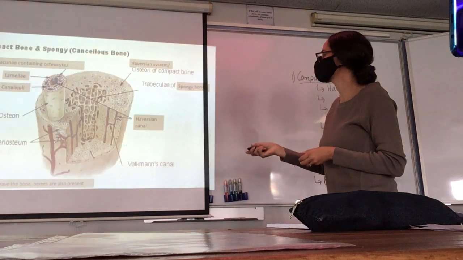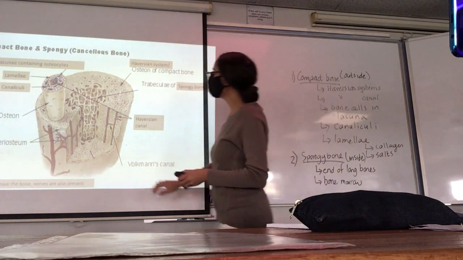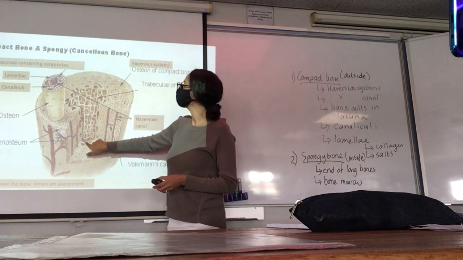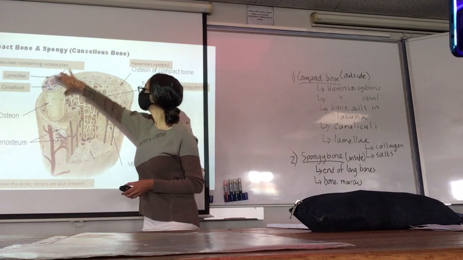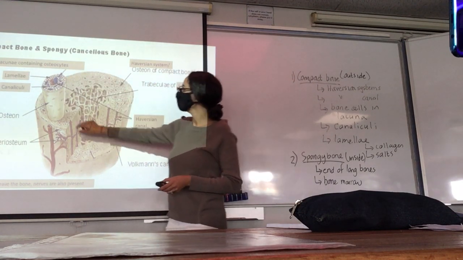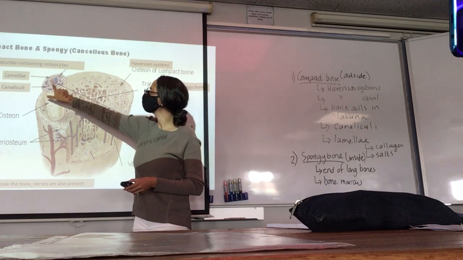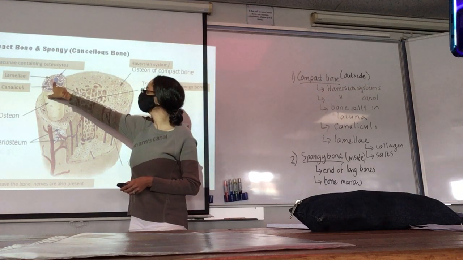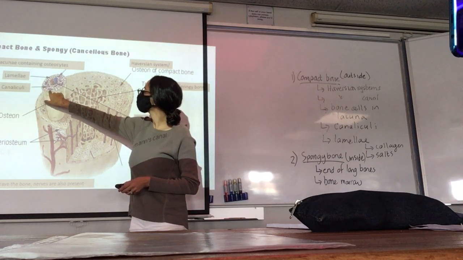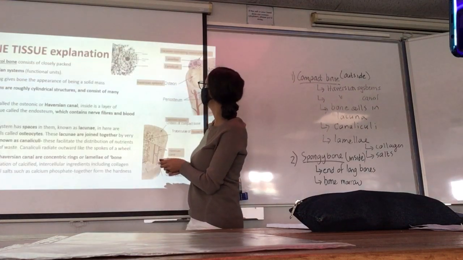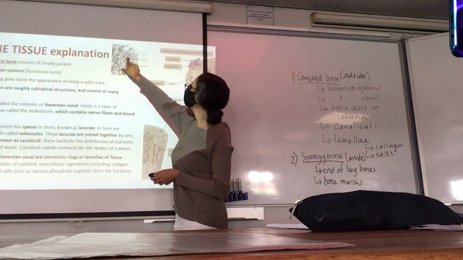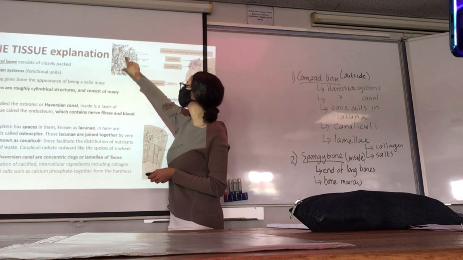Let's maybe do this one. All right, so you guys are right. Spongy bone in the middle. We've got compact over here. Then we've got an osteon system. In the middle, we've got the blood vessels and the nerve. For example, over here would be your canal.